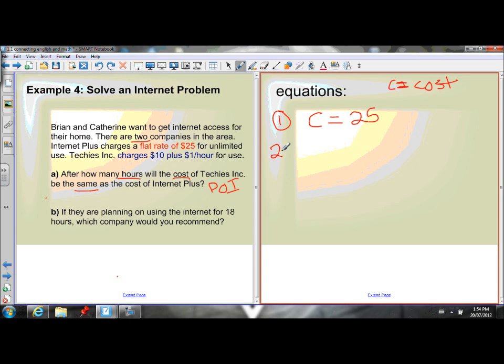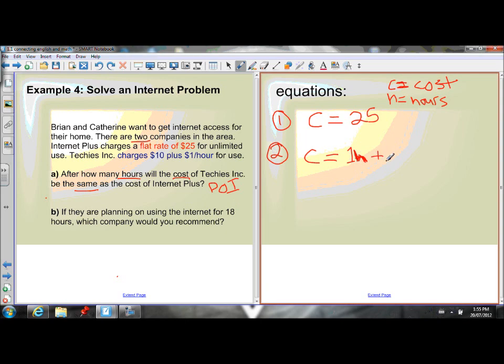The second company, however, the cost of the second company is equal to, they charge $1 per hour. I'll make H equal to hours. They charge $1 times however many hours the person uses, plus a $10 flat rate.